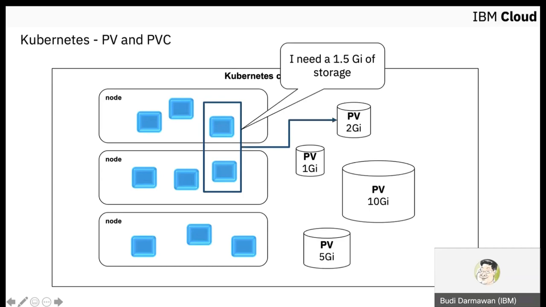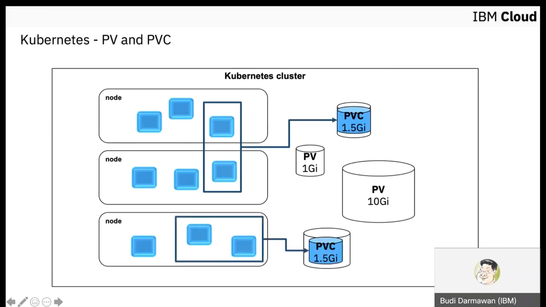So in this case, the 1.5 gig of storage will be stored as a persistent volume claim within the 2 gig persistent volume. And if anything else asks for the same 1.5 gig, it will occupy the next available size, which is the 5 gig one.